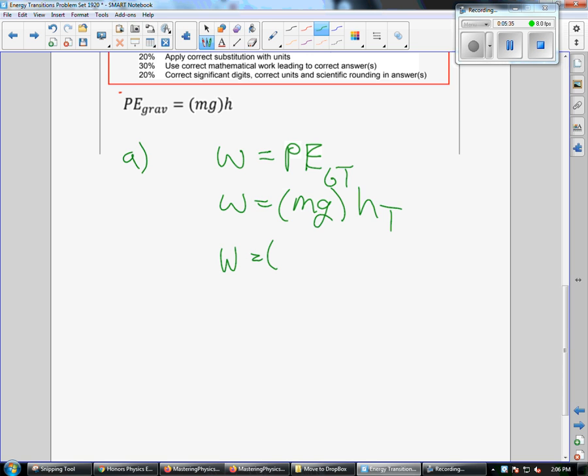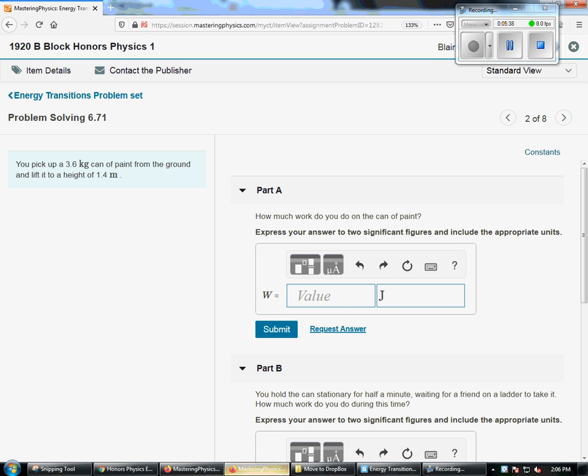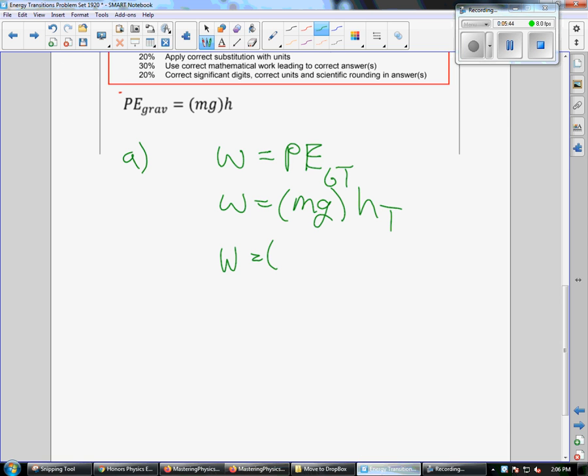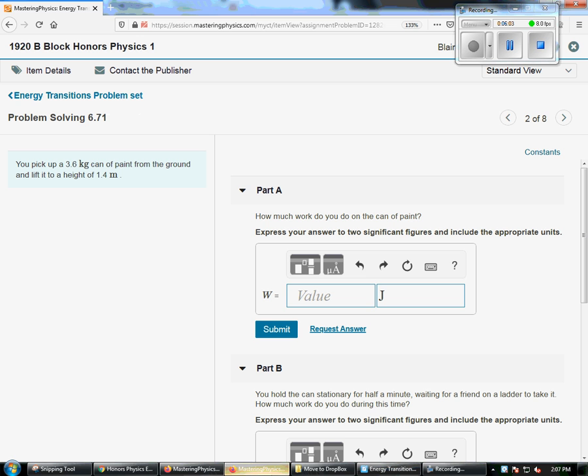Mass of my paint can, 3.6 kilograms, 1.4 meters. What planet am I assuming this is happening at? Earth. I think that's a good assumption. 3.6 kilograms on Earth, so 9.81 newtons per kilogram, height of 1.4 meters.